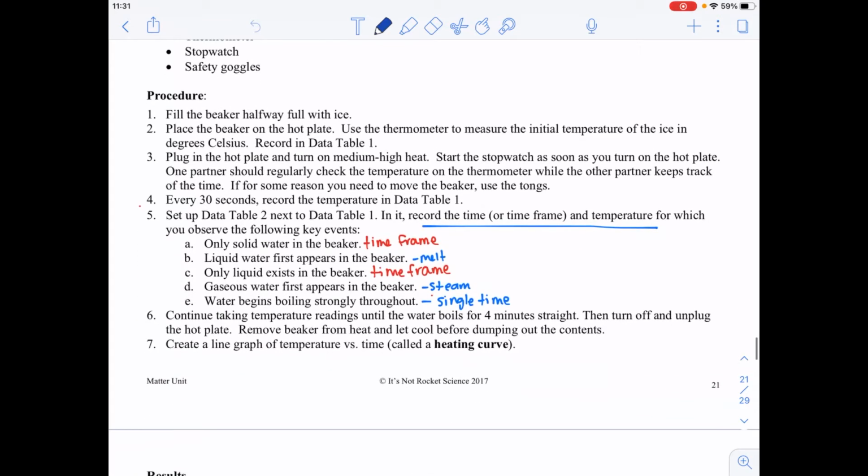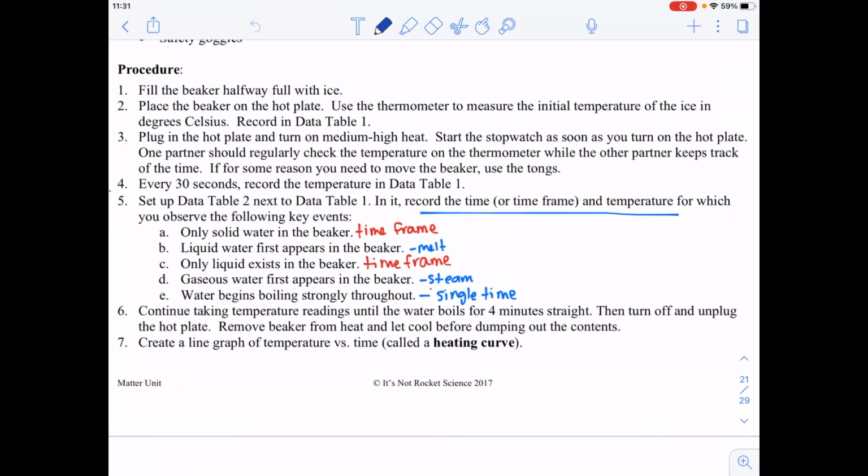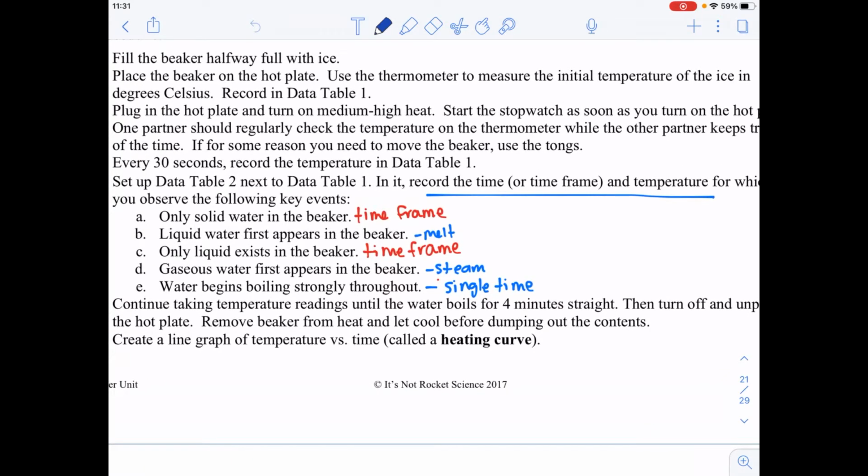Then we are going to put in our beginning temperatures, and record the temperatures at various times throughout. We're going to record the temperature every 30 seconds. It's probably helpful to have the video to watch because you can pause it to write down the temperature that you can see there.